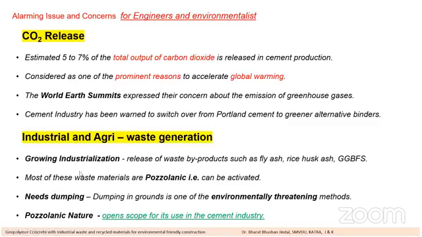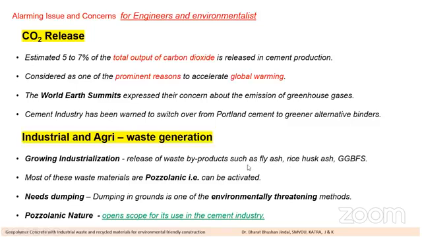When we talk about these types of materials, a very interesting thing is that these waste materials, maybe they are waste, but they are pozzolanic in nature. If you have a pozzolanic material, you can activate its properties and it can be utilized. But a very important issue is that if you are consistently producing a huge amount of these materials, they need dumping, and dumping in the ground is again environmentally threatening.